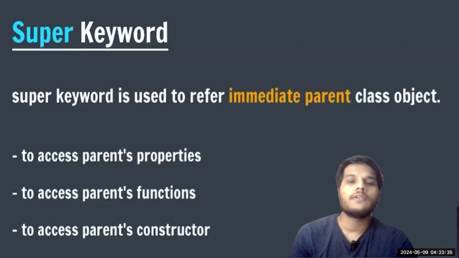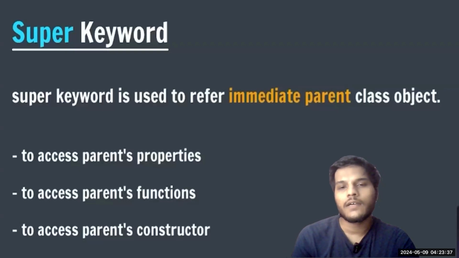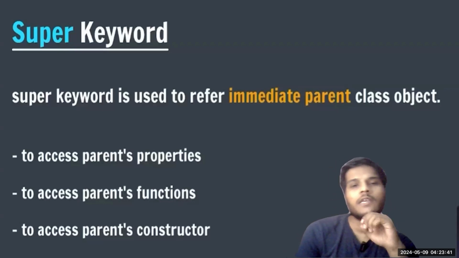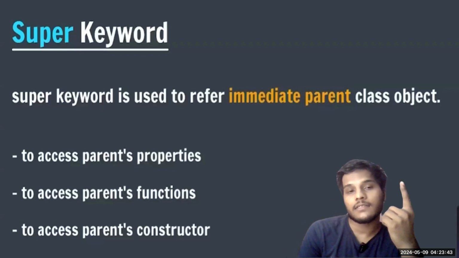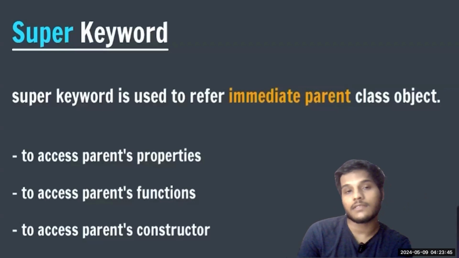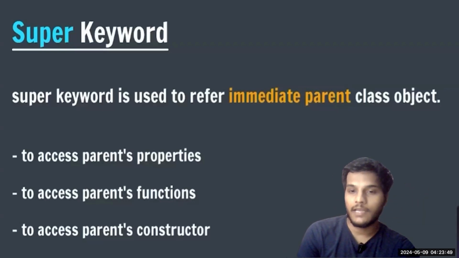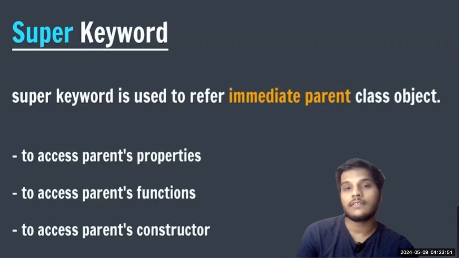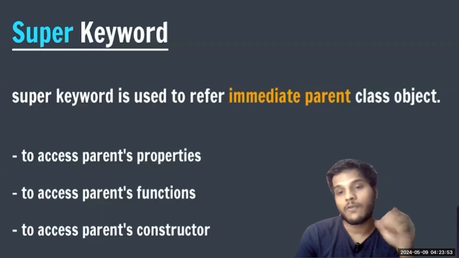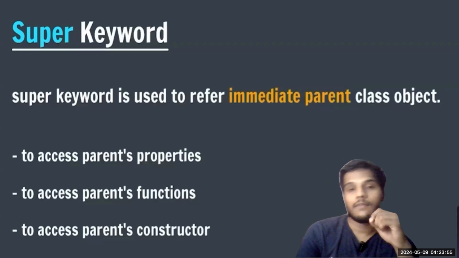So what is the super keyword? The super keyword is used to refer to the immediate parent class object. Yes. So in Java, the super keyword is used to refer to the parent class of a subclass. So it's like asking for help from someone older, like we ask help from our parents. A subclass is asking help from its parent.